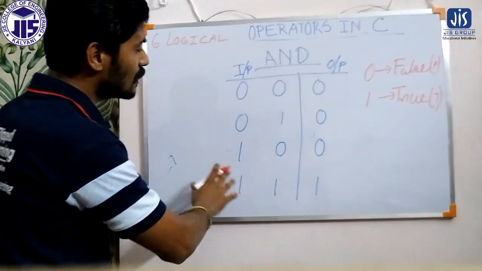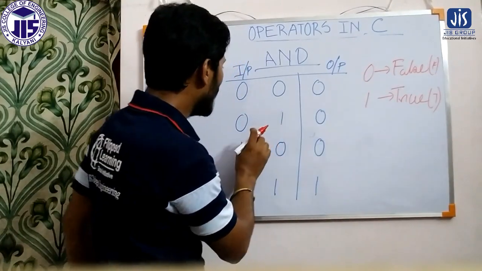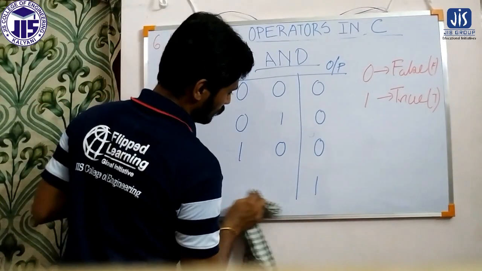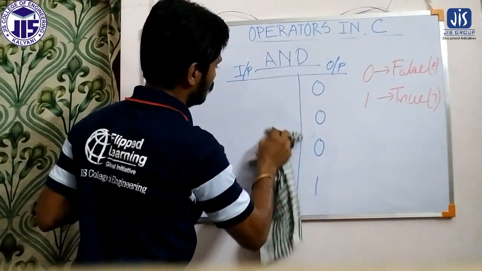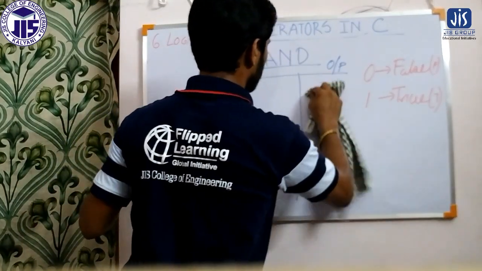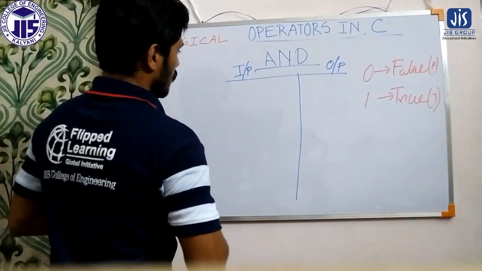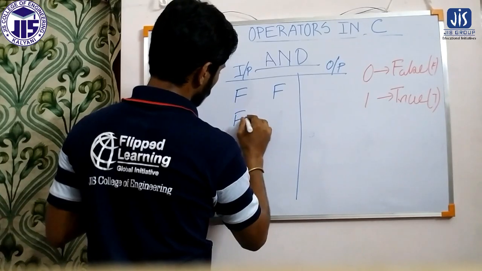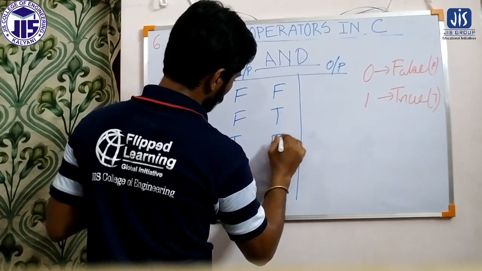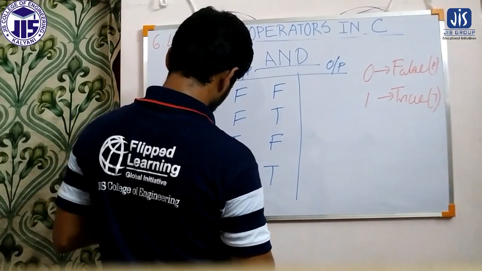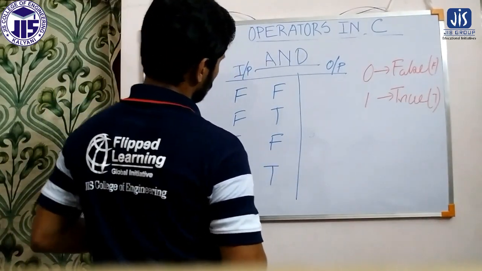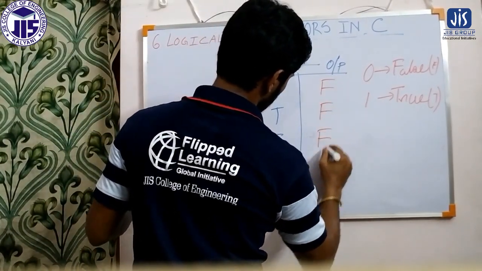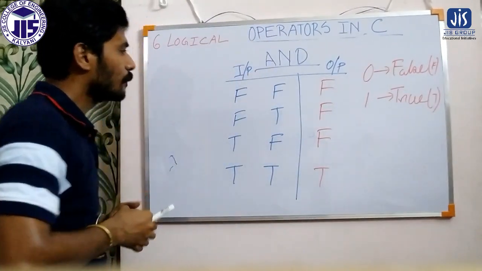Okay, so I will just replace the 1 in this truth table with true and the zeros with false, that is F. So if I do so, it will be like this.